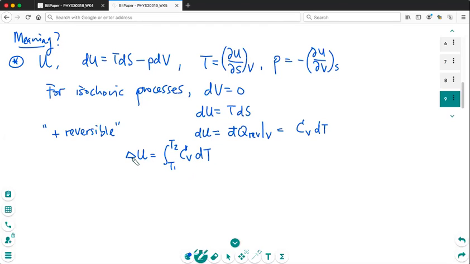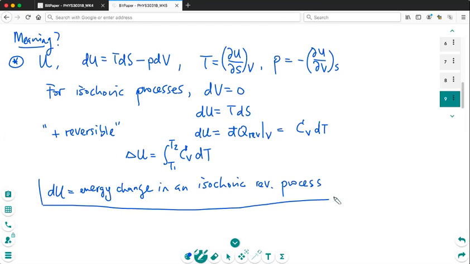Then you can find your internal energy change. So the interpretation for U is such that the internal energy is useful when you discuss the change in an isochoric reversible process. So this is energy change due to heat flow in an isochoric reversible process.